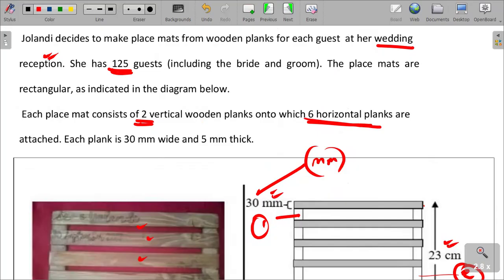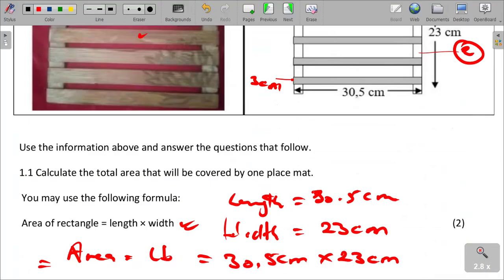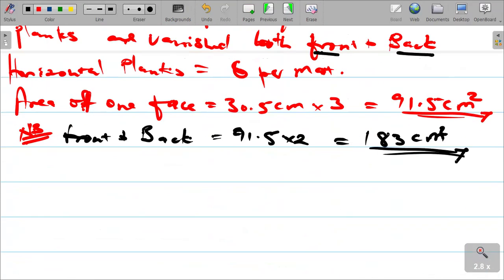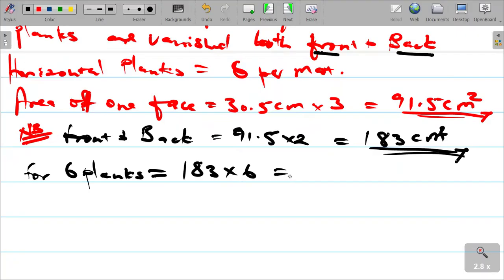Remember, the answer we got is for 1 plank. So for 6 planks, we multiply 183 by 6, which is equal to 1098.